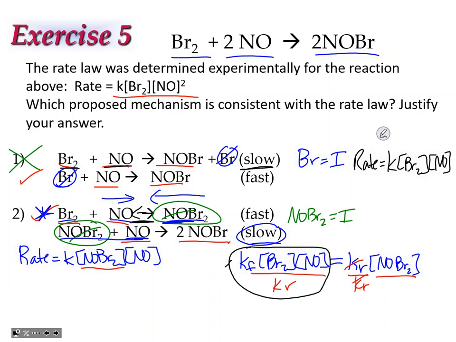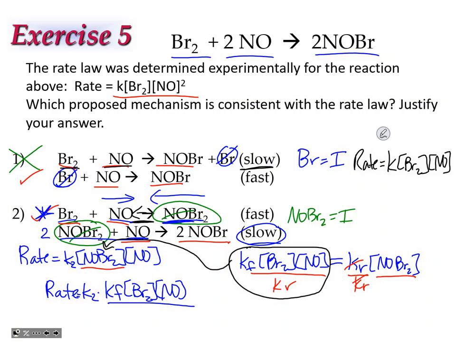Okay, this is going to get substituted in over here. Let's go ahead and do that. We do the rate, and since this is the second step here, you can make that k2. That's going to equal k2 times the kf substitution that we're sticking in here, like so, over the kr, and then times our NO, the second one in here, like so.